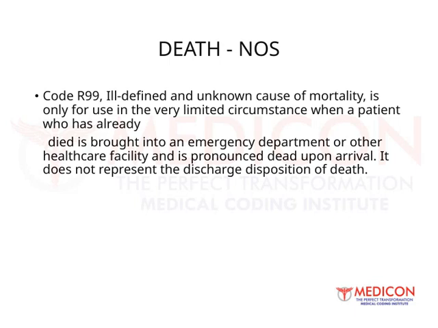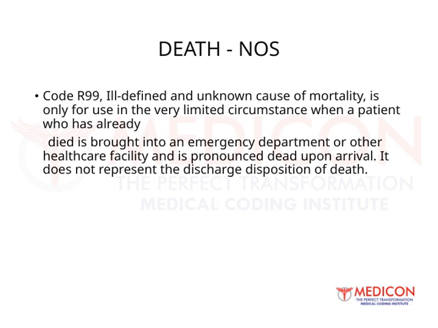Now, let's talk about the code R99, which stands for Ill-Defined and Unknown Cause of Mortality. This code is used in very specific situations. It applies when a patient has already died and they are brought into an emergency department or another healthcare facility. In these cases, if the patient is pronounced dead upon arrival, we use this code.